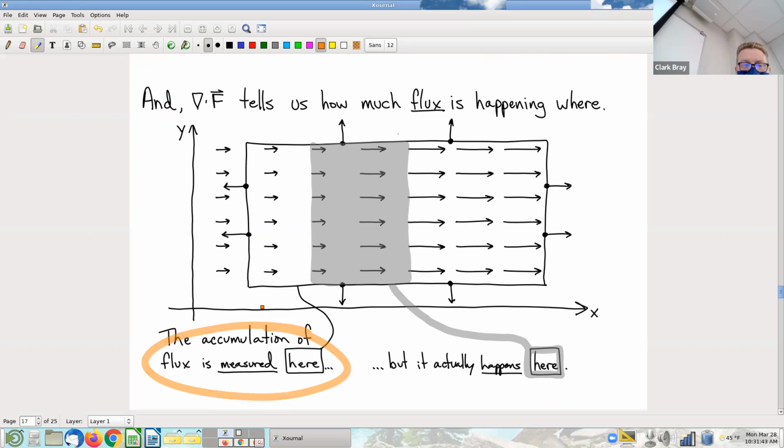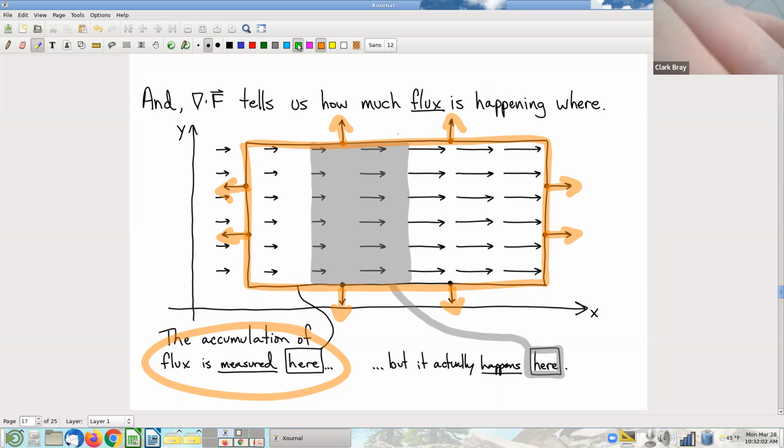Where does flux get measured? Well, I measure flux across boundaries. How much is the fluid flowing outward across that boundary? So this is how you measure flux. Now notice this is a different vector field. It's got a lot of constant sections.